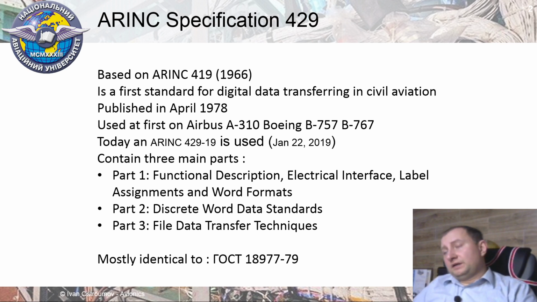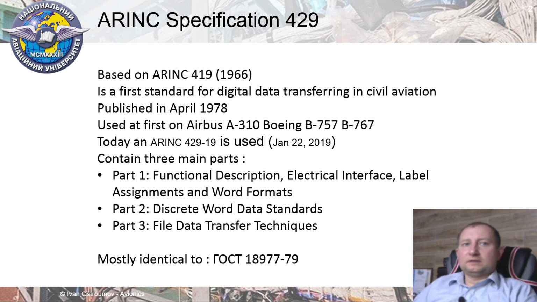If we compare it to USSR equipment, 1 year after publishing the ARINC 429 specification, GOST 8977/79 was issued and finally used on board of some USSR period historical airplanes.